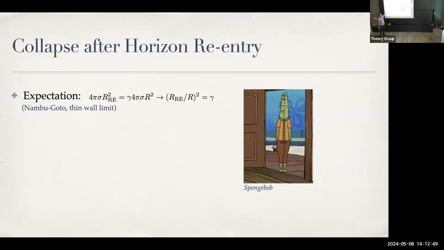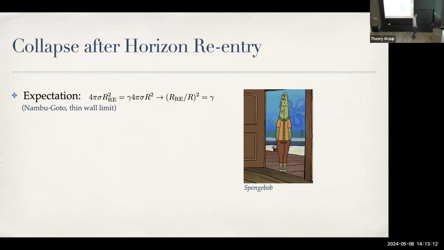So it may have some smaller radius, but it has some Lorentz factor because it becomes more and more relativistic. And if you do that, what you'll find is that my Lorentz factor grows as my initial size of my wall at re-entry compared to my radius when it decreases. So as my radius decreases from the wall shrinking, my Lorentz factor can grow dramatically. And so this is what you expect.